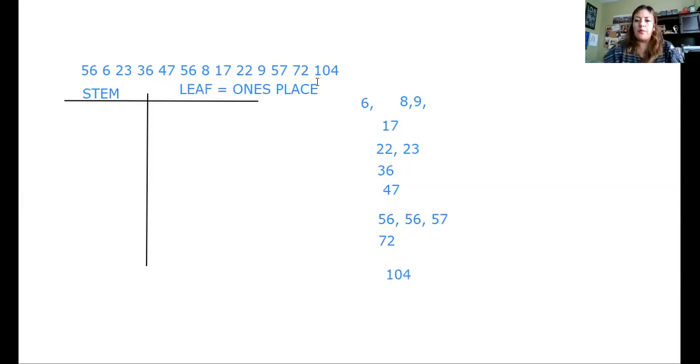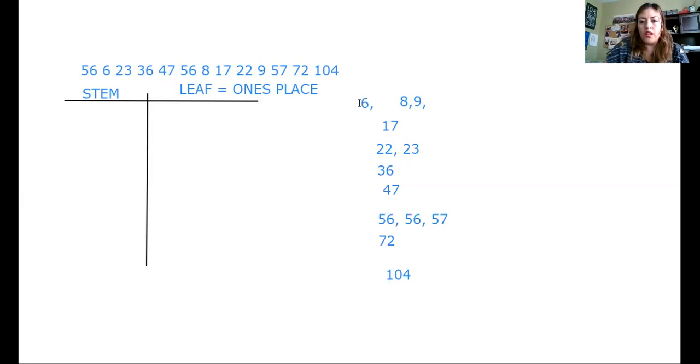Okay, so basically, if you notice what I did, I rearranged my numbers in order from least to greatest. I started with the ones, I moved on with the tens, then I went with the 20s, the 30s, the 40s, the 50s, the 70s, and then I ended up with my 104. So I can easily plug those in the stem and leaf plot.